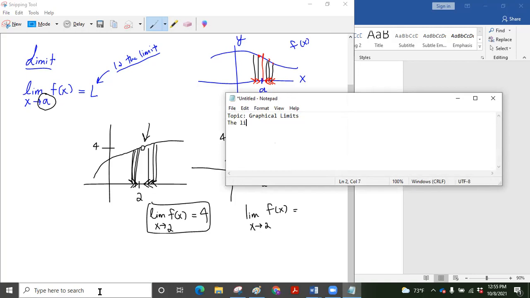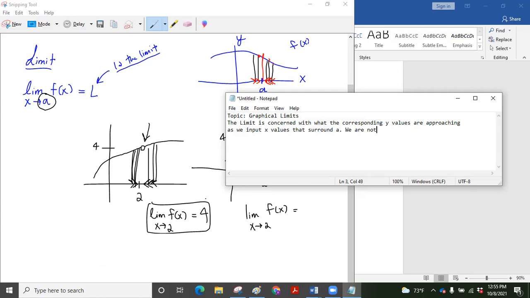We can say that the limit is concerned with what the corresponding y values are approaching as we input x values that surround a.